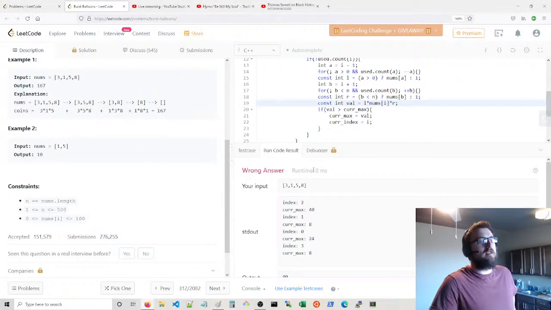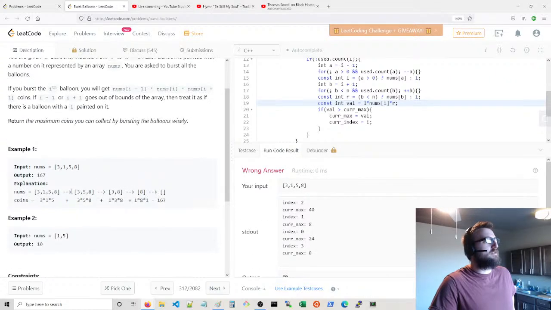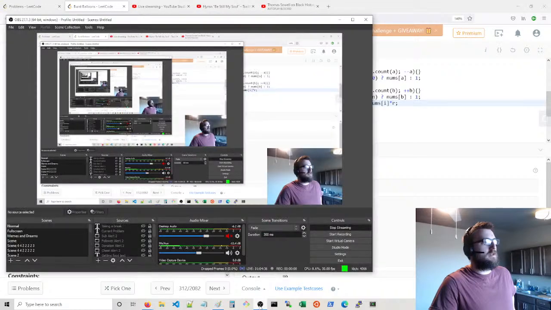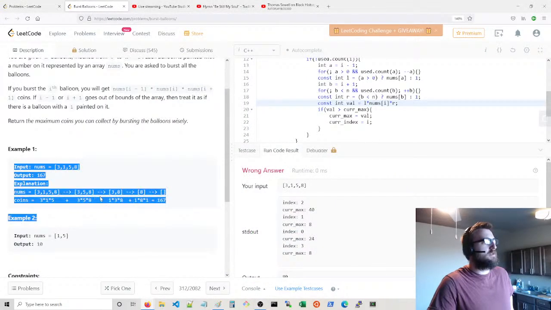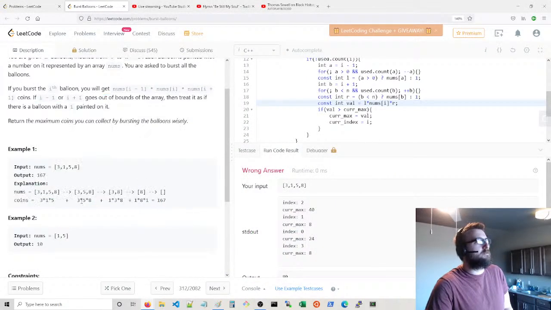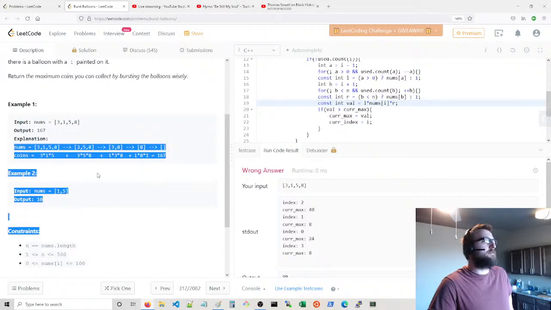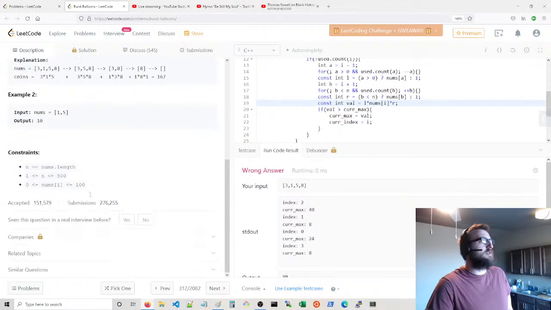But what was I saying? I think there's a way to do this using a greedy approach. The brute force approaches that I thought of just kind of fell apart. They're too difficult.